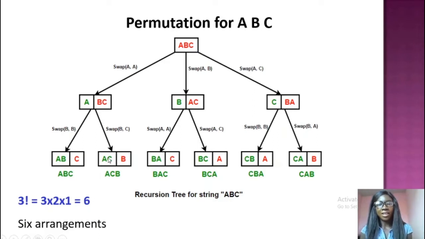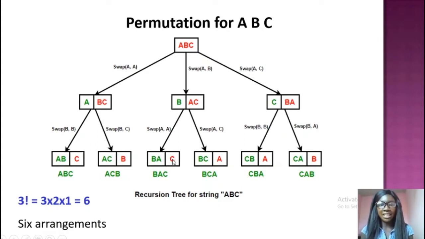AC. Since I drop B, I'm going to have what? CA. That's the next number. So C and what? And A. Just follow my cursor, okay?